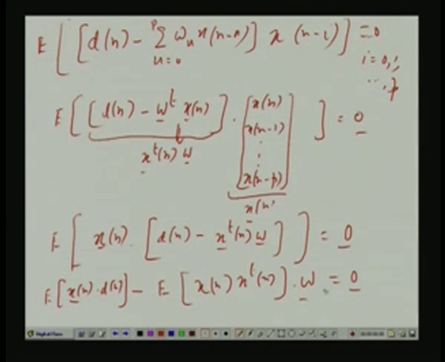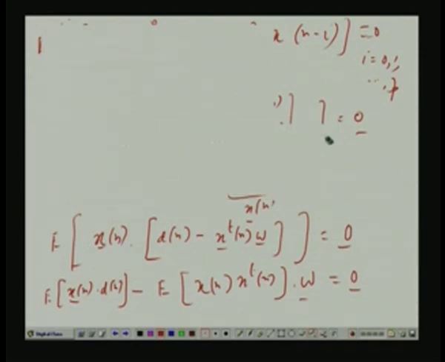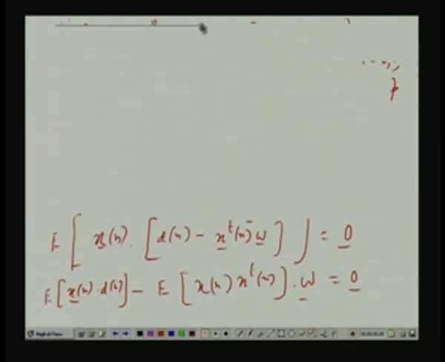Okay. This is what comes from the orthogonality. What is x n d n? Just for your sake I am elaborating it here, otherwise I could have directly written, just to avoid confusion in the first instance of the treatment.